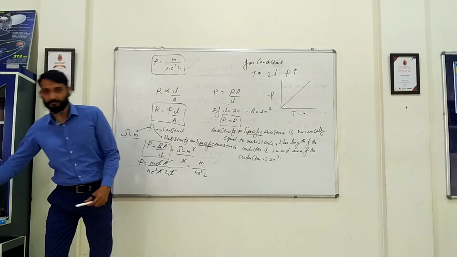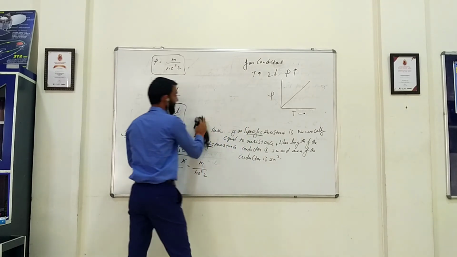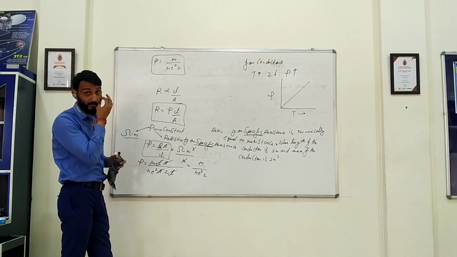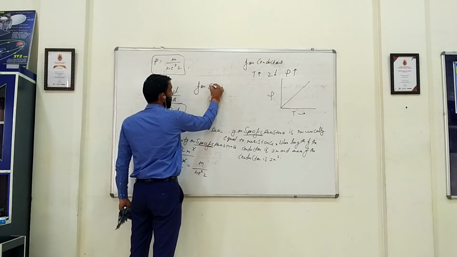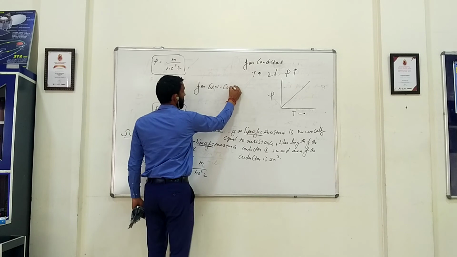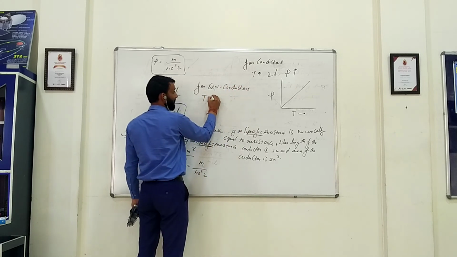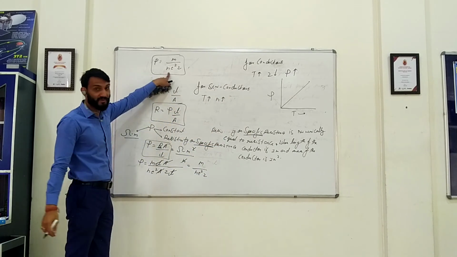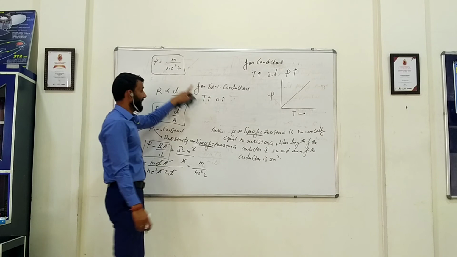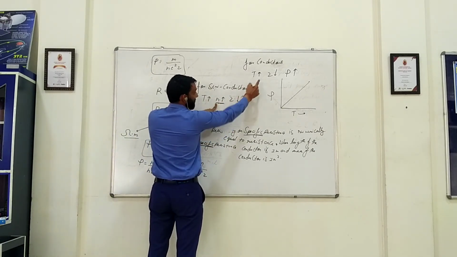Now, if you study it for semiconductors, what will happen for semiconductors? If you increase the temperature, N will also increase. This number will also increase. And you know that this factor will always dominate this tau.